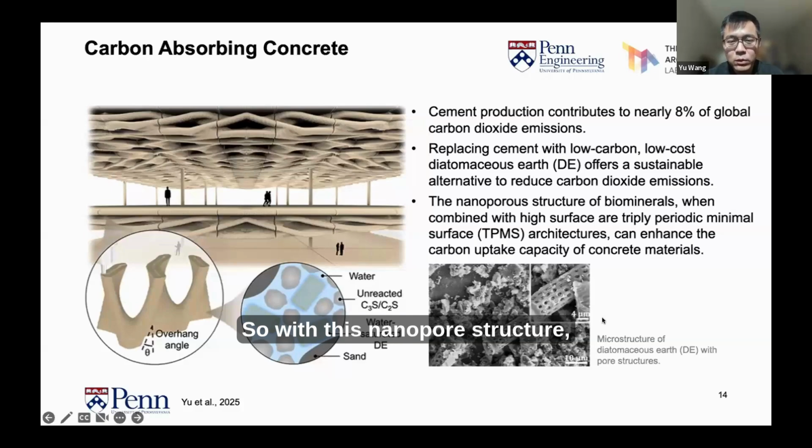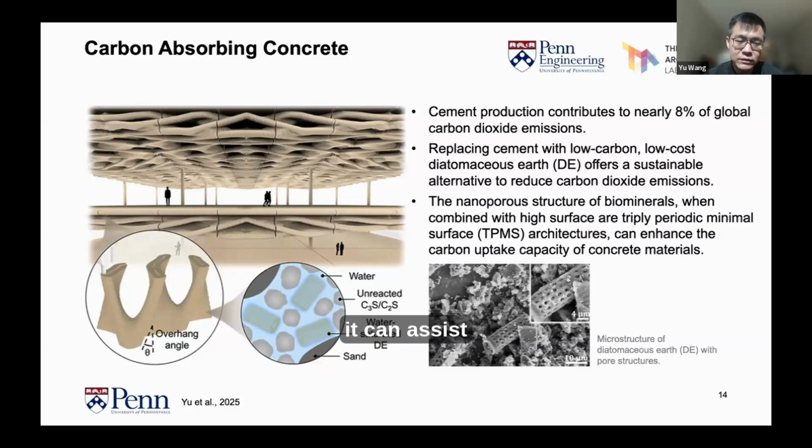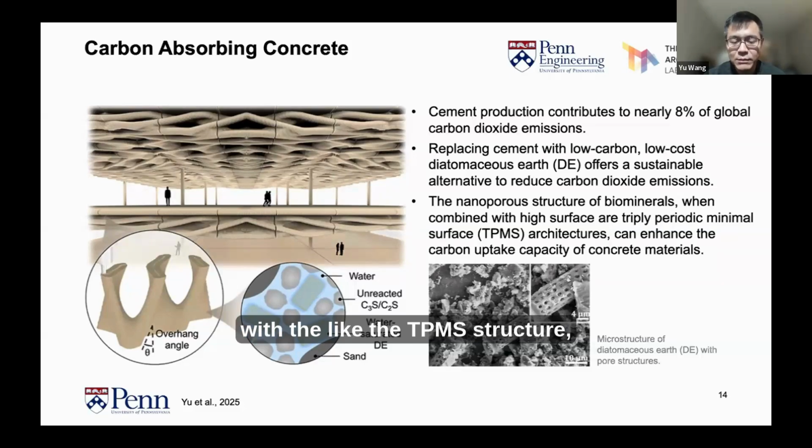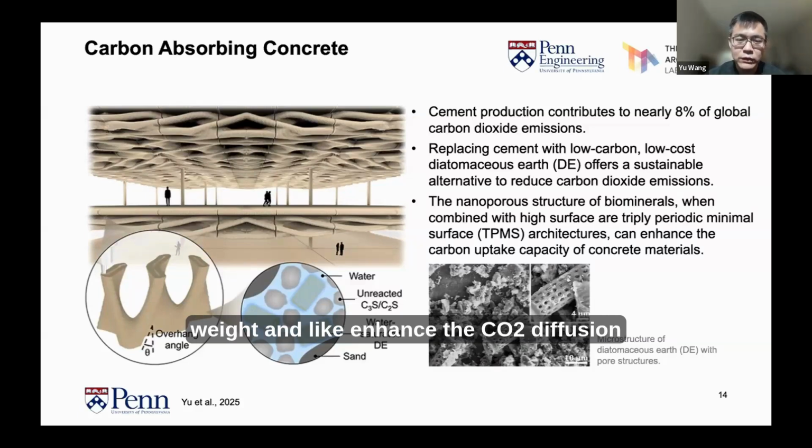With this nanopore structure, when we add it to concrete, it can assist the diffusion of CO2 in the concrete structure. So this is for the material. And further, if we combine this material with the TPMS structure, which has a high surface area, on the structure side we can further reduce the structure weight and enhance the CO2 diffusion capacity.